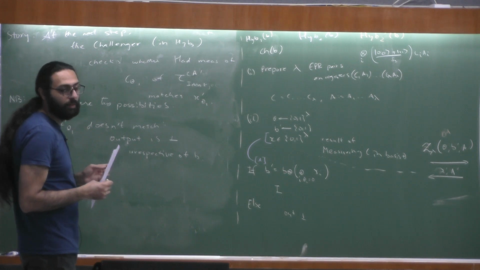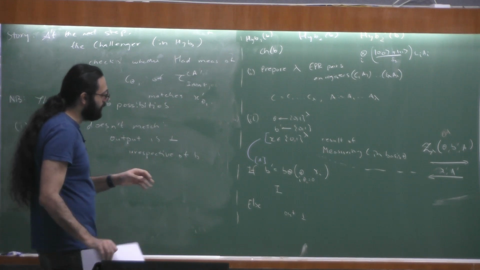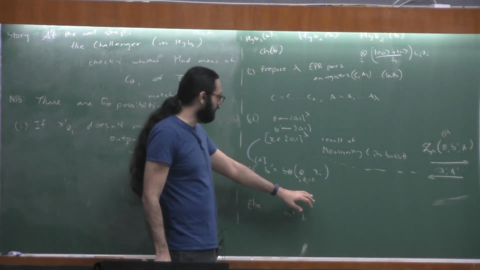Yeah, but it's matching B prime, right? No. It's just checking if the deletion certificate is valid, so this is 1.